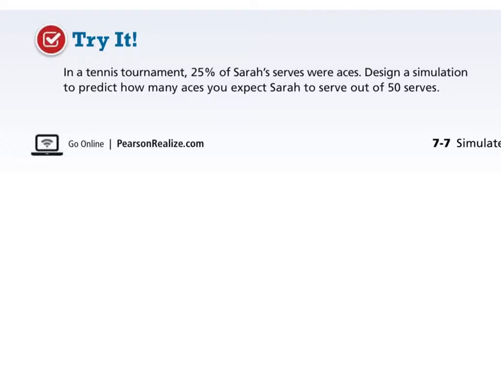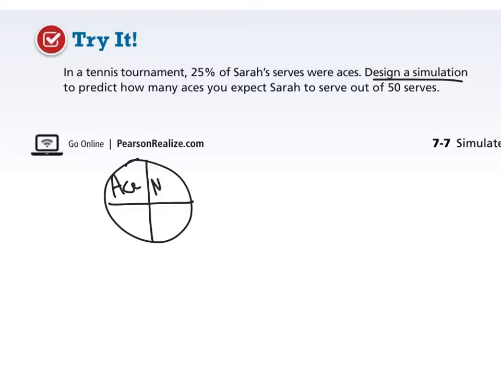If we're actually working this out, figuring out about how many we would expect, we could do 25% of 50, so 0.25 times 50. We could work that out and get maybe 12.5. Obviously, she can't have half of an ace, so say about 12 or 13 aces. But for designing a simulation, what we could do here is a spinner. And however you want to label this.